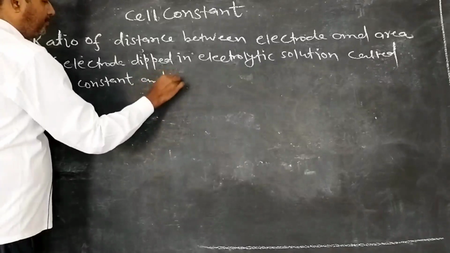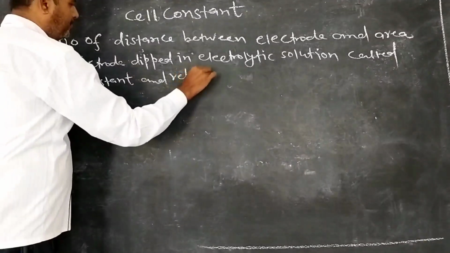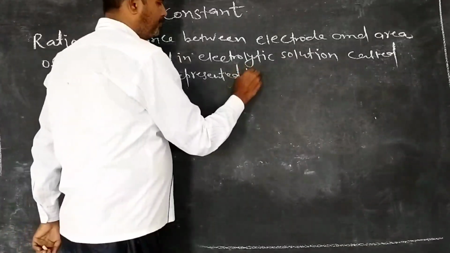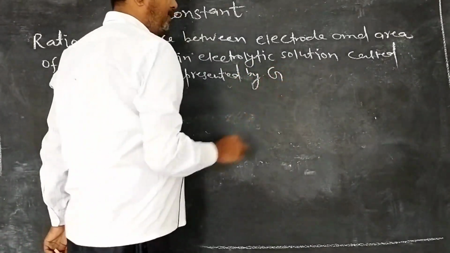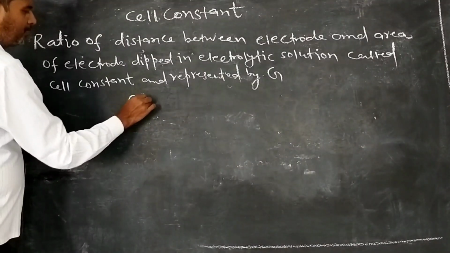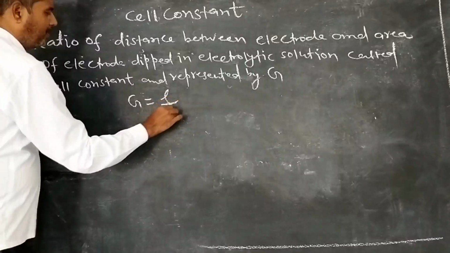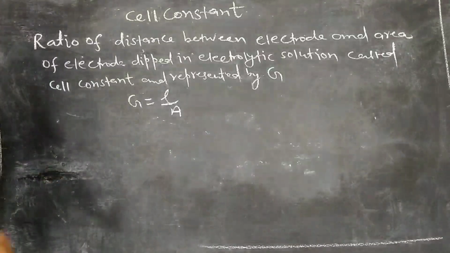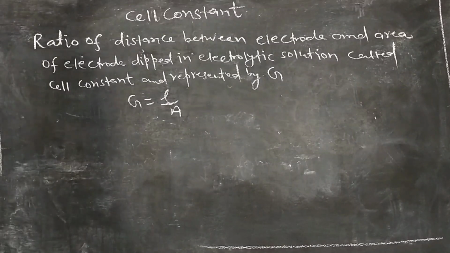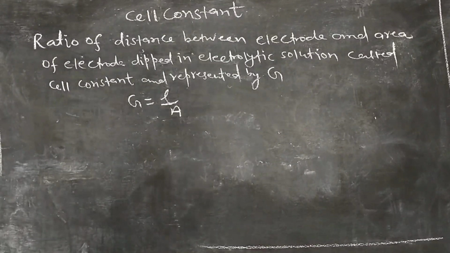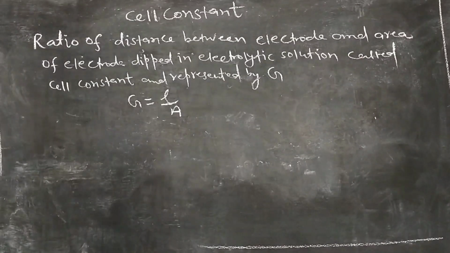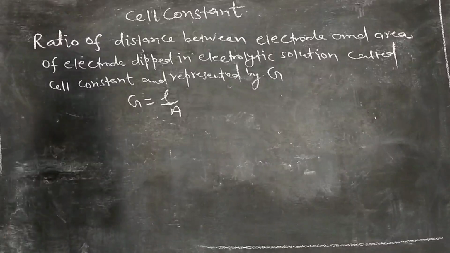And it is represented by G. G is equal to L by A. On the basis of this, conductivity may also be written as follows.